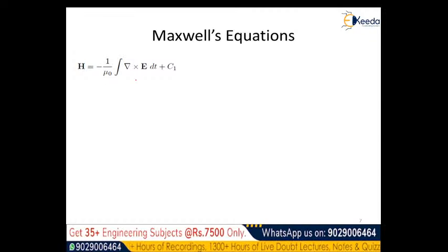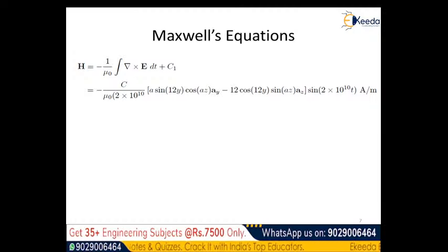Now solving the integration for del bar cross of E bar as represented in the earlier form, we get the next step for the expression of capital H: minus capital C divided by mu 0 into 2 multiplied by 10 raised to the power 10. This ratio is multiplied by the square bracket that has small a into sine of 12y into cosine of az into ay, minus 12 cosine of 12y into sine of az into az.